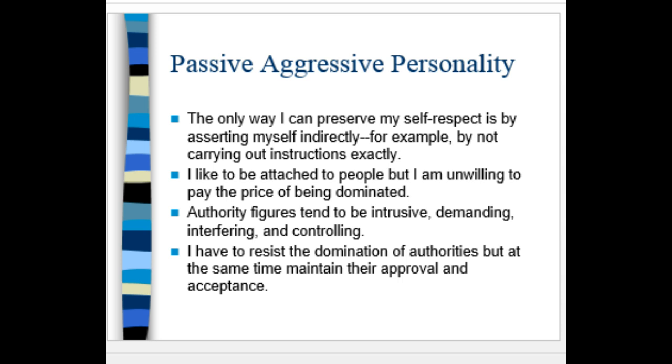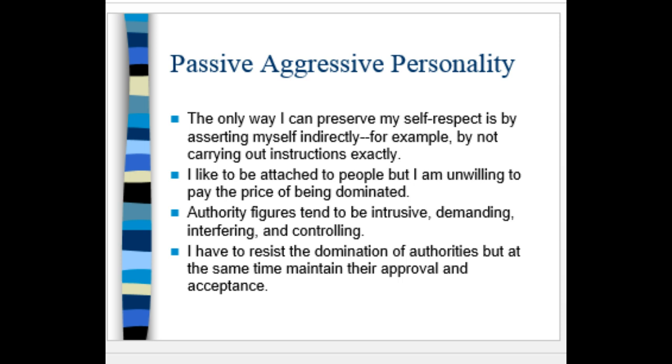There will always be just something a little different about the way I respond to instructions. This is unconscious, and it's important that we recognize this, that this individual is not deliberately going out of their way to cause a problem. They simply feel that they cannot maintain their own self-respect by being open.